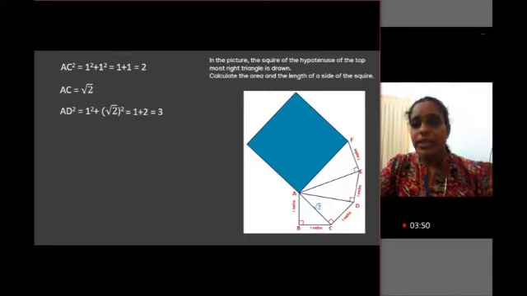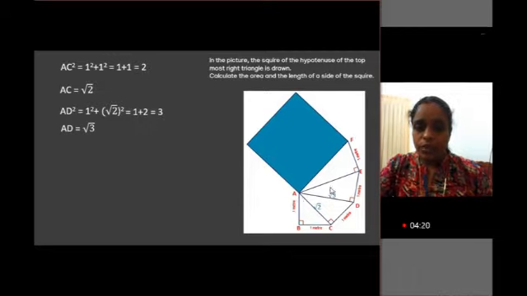Like that we can say that root 2 whole square is equal to 2. That is, if we take the root and square it, we get the same number that was inside the root. Okay, so 1 plus 2 is equal to 3, that is AD square is equal to 3. So we can say that AD is equal to root 3.